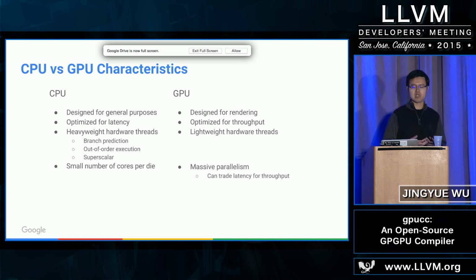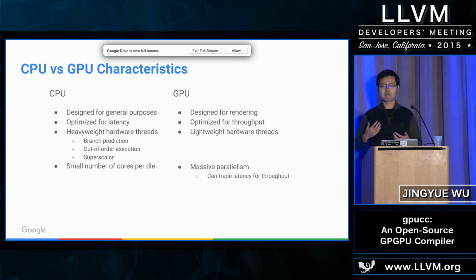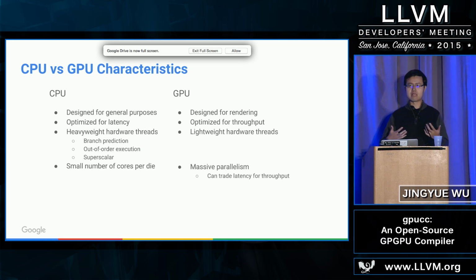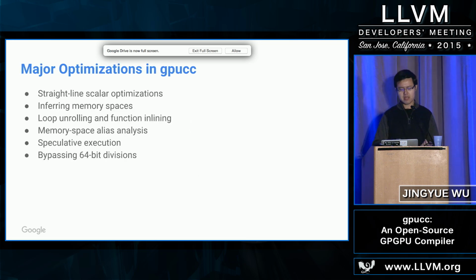Because CPU threads are more heavyweight, it can deploy a lot of cores on a single chip, while GPU can deploy tens of thousands of cores on one single GPU chip, enabling massive parallelism. And because of the difference in hardware, the ISA is also different, and the performance of each single instruction is also different. All these map to why we need the compiler to make different decisions for GPU programs.